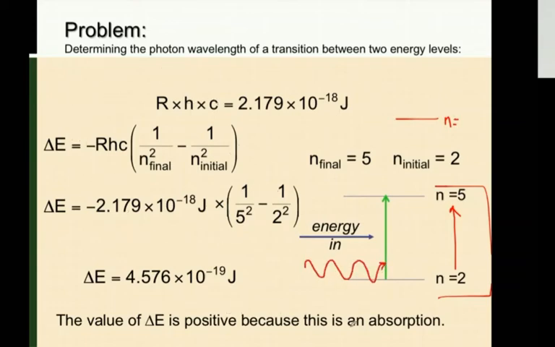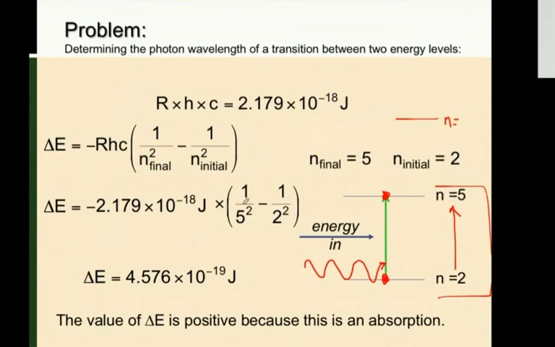And this is sufficient to increase the energy level of the particle from the first excited state to the fourth excited state, which is n is equal to 5. So this is just like 1 over 5 squared, so 1 over 25, minus 1 over 2 squared, so 1 over 4.